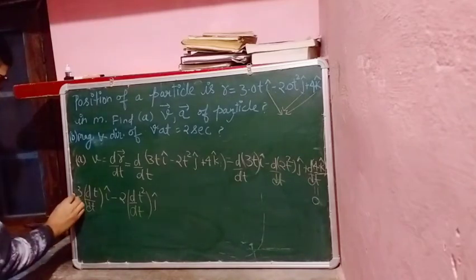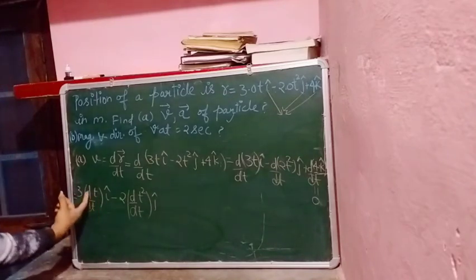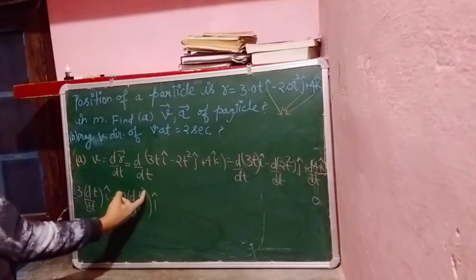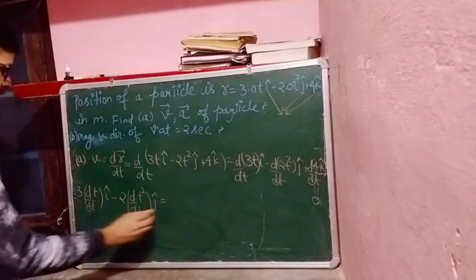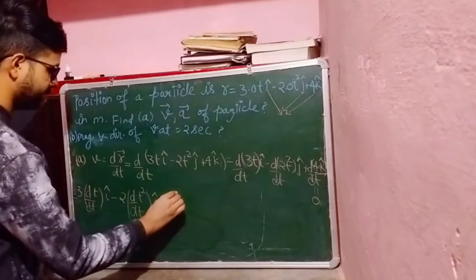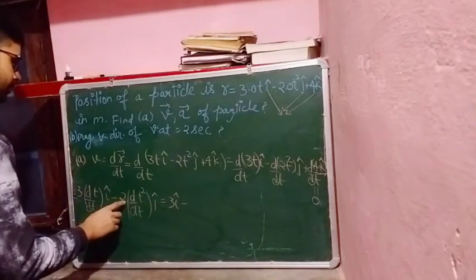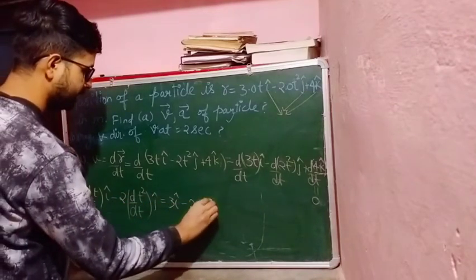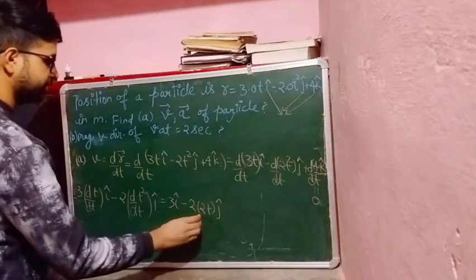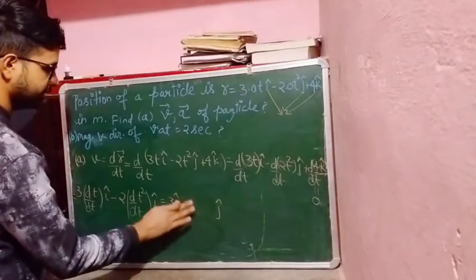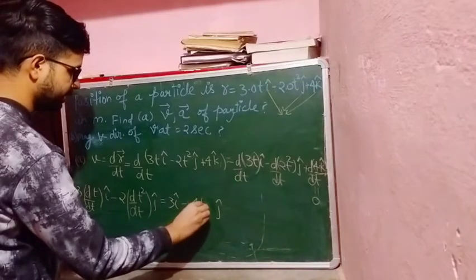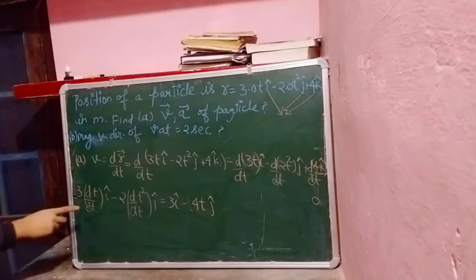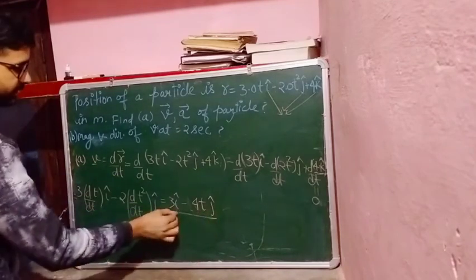So this gives velocity. d over dt of t is 1, and d over dt of t square is 2t. So it becomes 3 into 1 is 3, so 3 i cap, minus 2 into 2t, which is 4t j cap. So this is the velocity.